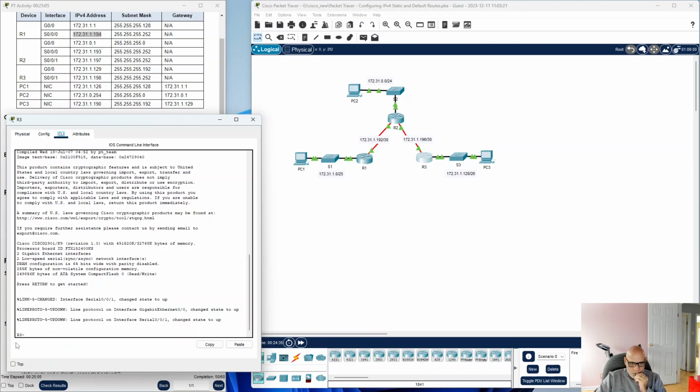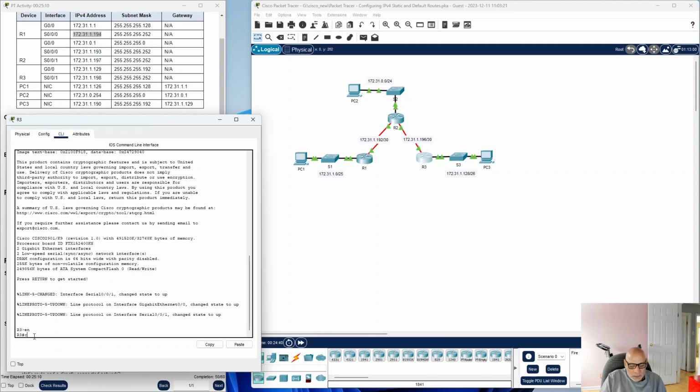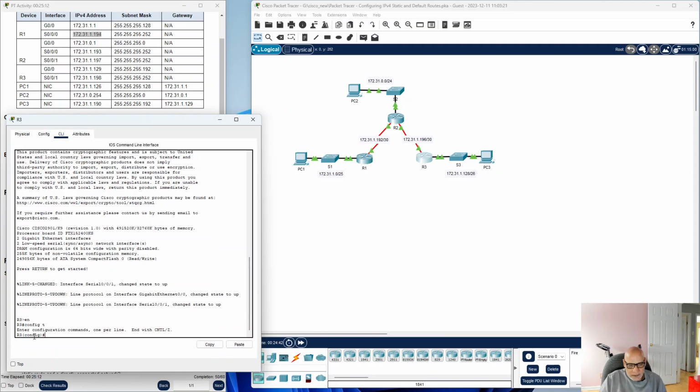First enable, config t. The command is ip route.